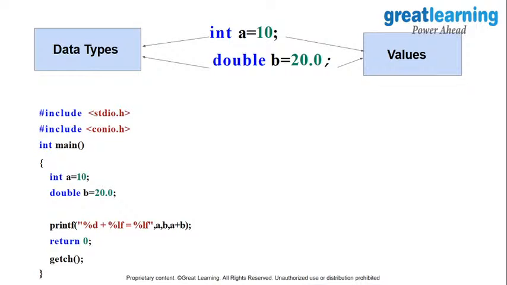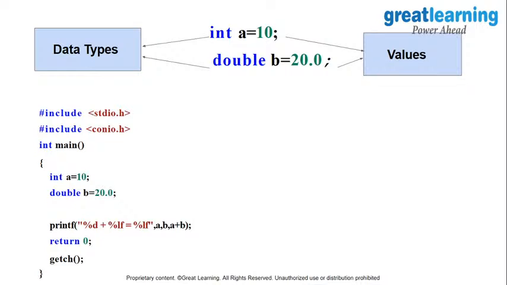Now you see the program. This is a complete program. stdio.h and conio.h are the two preprocessor directives. Return 0 represents that you are returning a value, that is 0. And getch is used to hold the screen.